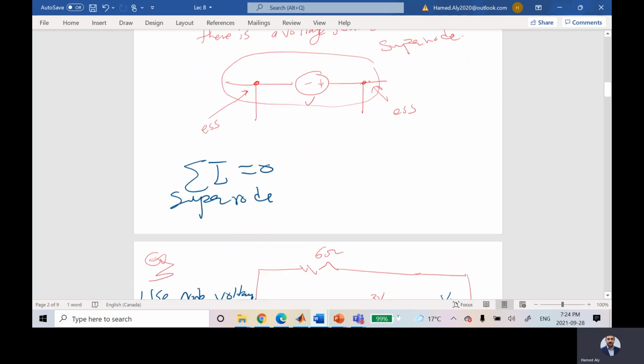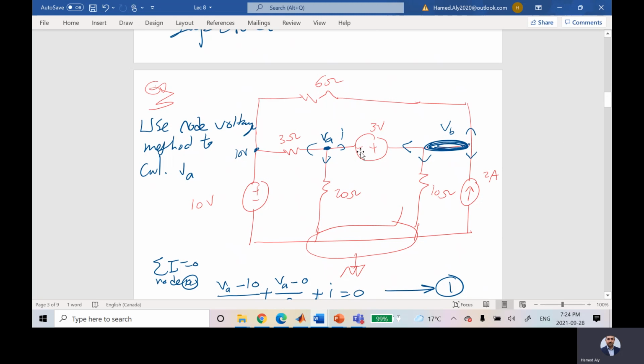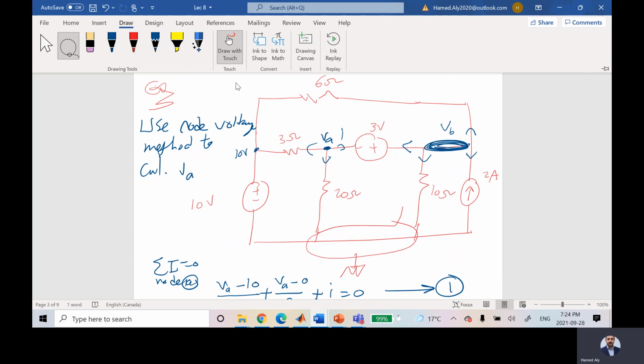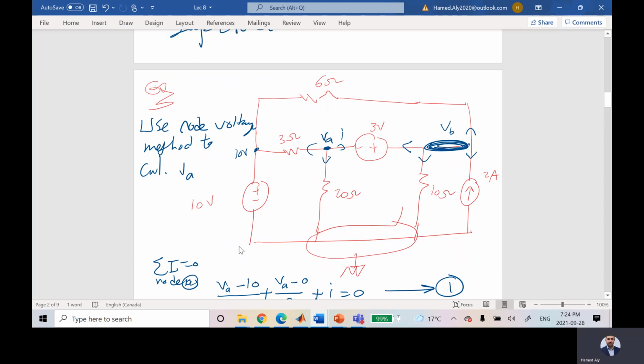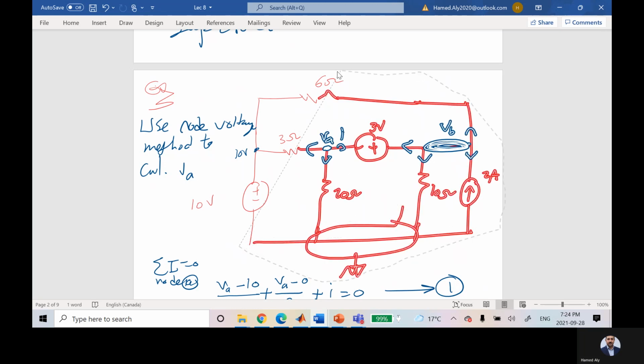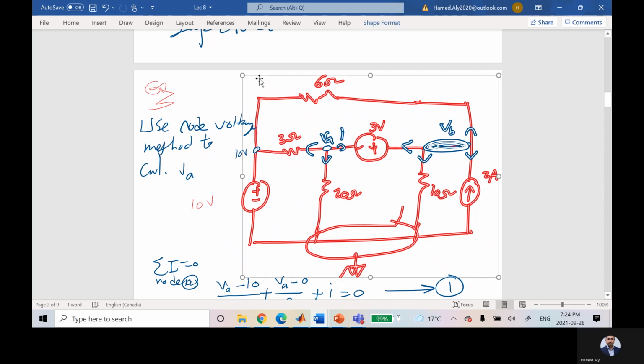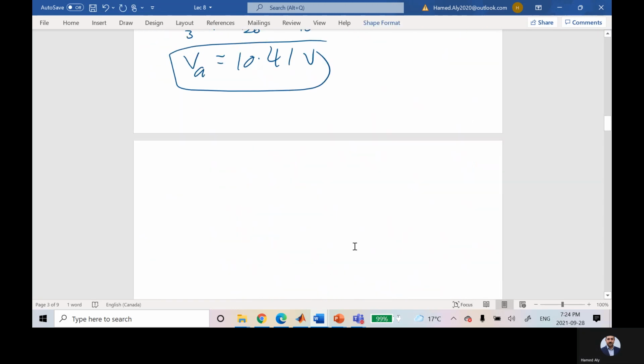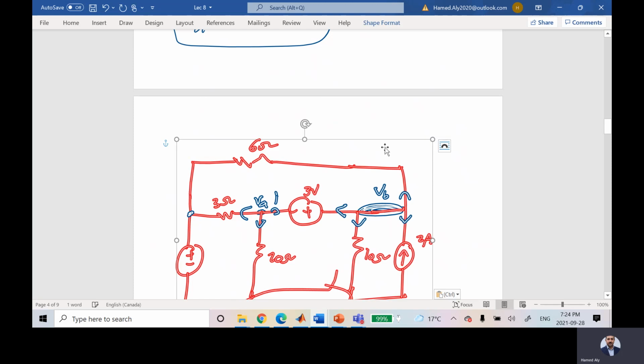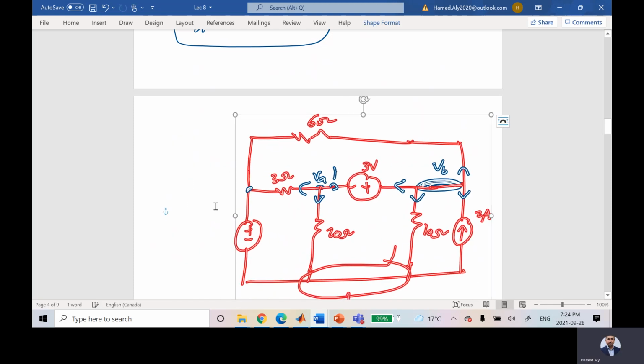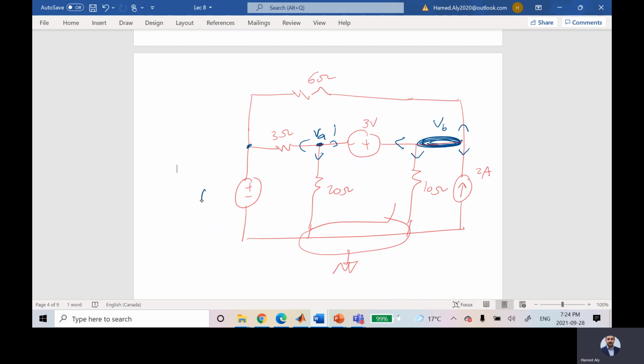See how to do that. Now we have super nodes. Am I right? Let us copy this guy and go down. I will copy that, and I will go down by that guy. So I'll put it here. Now, this is 10 volts.